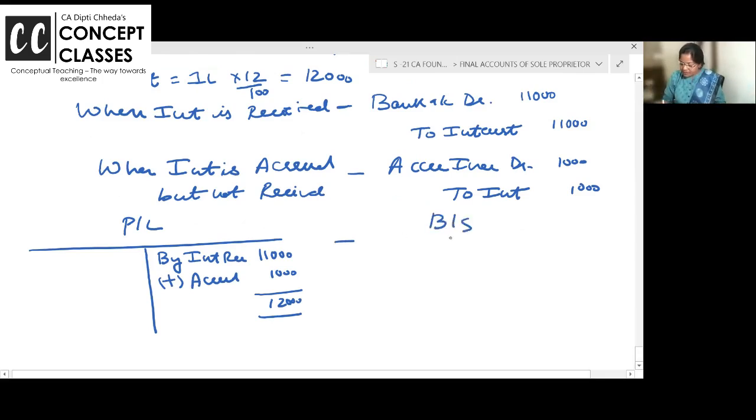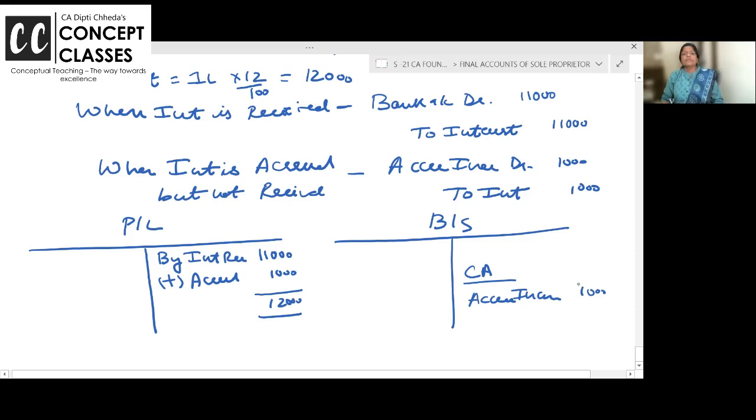Balance sheet: in current assets you will have accrued income 1,000. In the P&L we will add it.